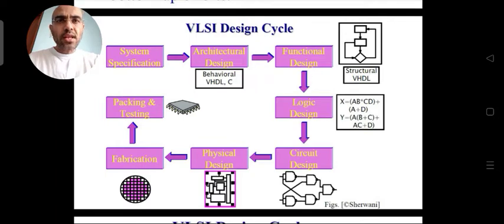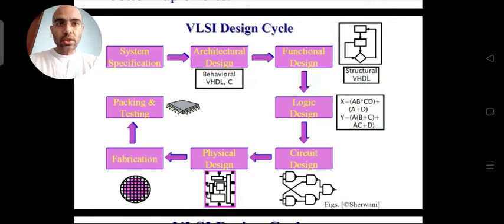I'm just introducing the words to you, what these words are when you are using a hardware description language to write the code for the hardware. The VHDL code or the Verilog code can be of three structures: behavioral, structural, and data flow.